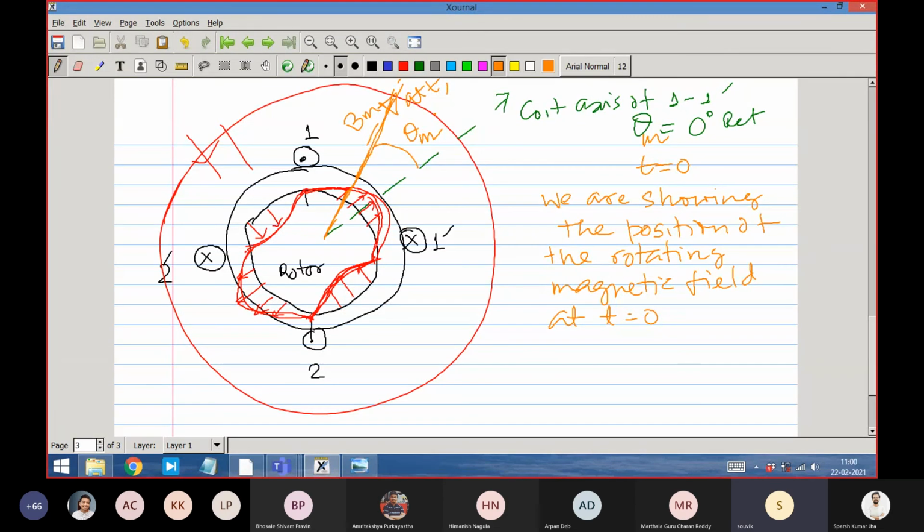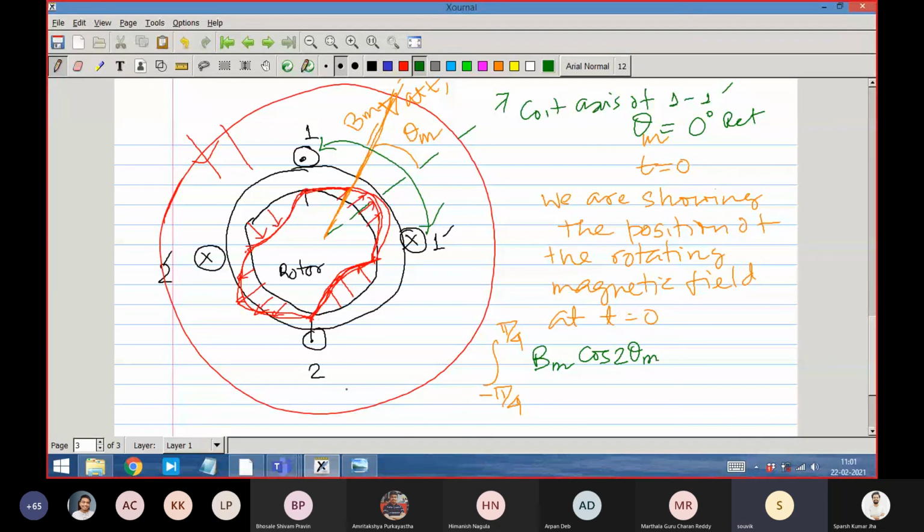So how do I find out how much is the flux linked by the coil 1 dash at that instant t? You may see that the total flux linked by the coil is the integral from minus pi by 4 to pi by 4. Why pi by 4? This is 0 degree, so between this, we are considering whatever is happening, how many flux lines are going. So minus pi by 4 to pi by 4, B m into cos of 2 theta m.